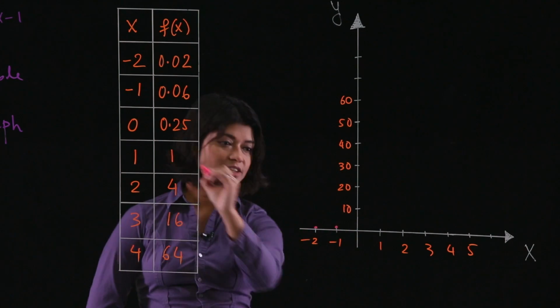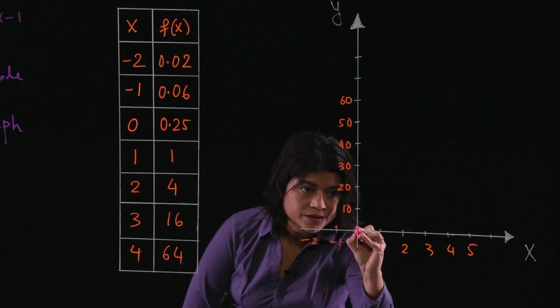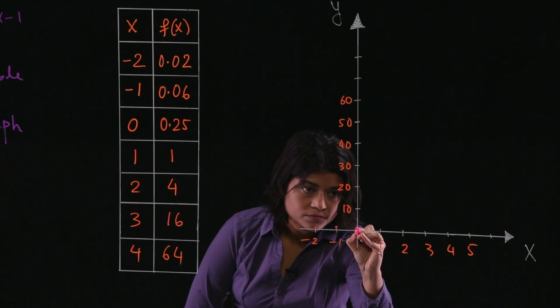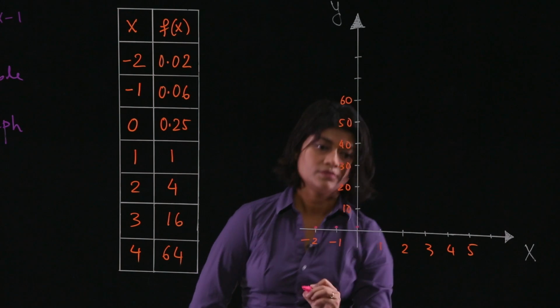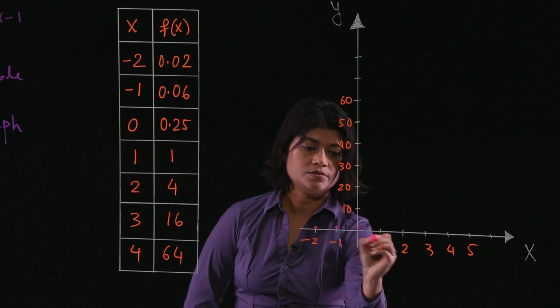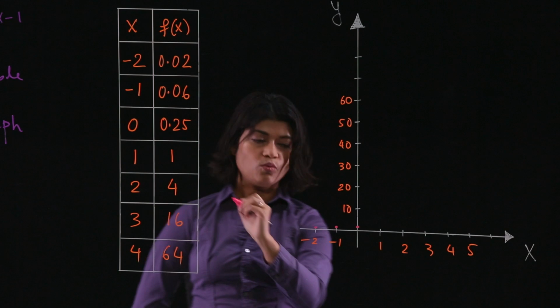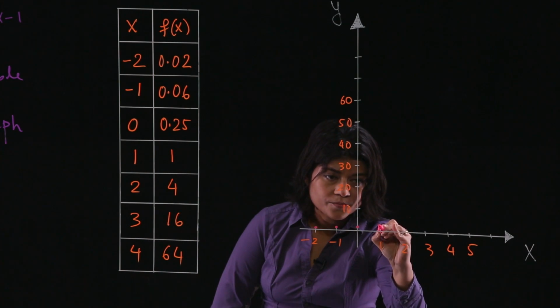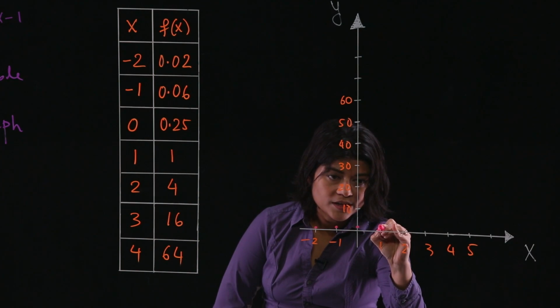Okay. At 0 is 0.25. Again, that's also quite close to x-axis. At 1, we go up to 1. So again, a little bit higher.